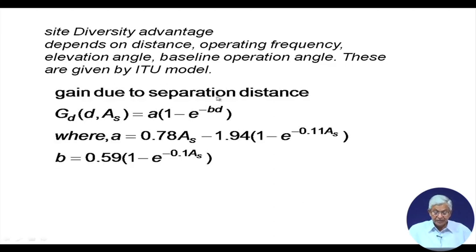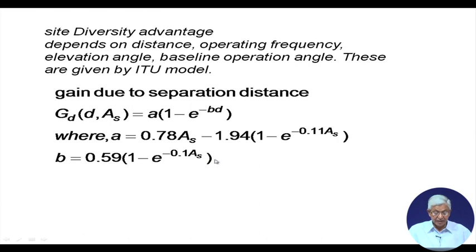So, the gain due to separation distance, which is GD, where D is the distance and AS is the single site attenuation, is A into 1 minus e to the power minus B D, where A is defined in terms of single site attenuation as A equal to 0.78 AS minus 1.94 into 1 minus e to the power minus 0.011 AS, and B is given by 0.59 into 1 minus e to the power minus 0.1 AS.